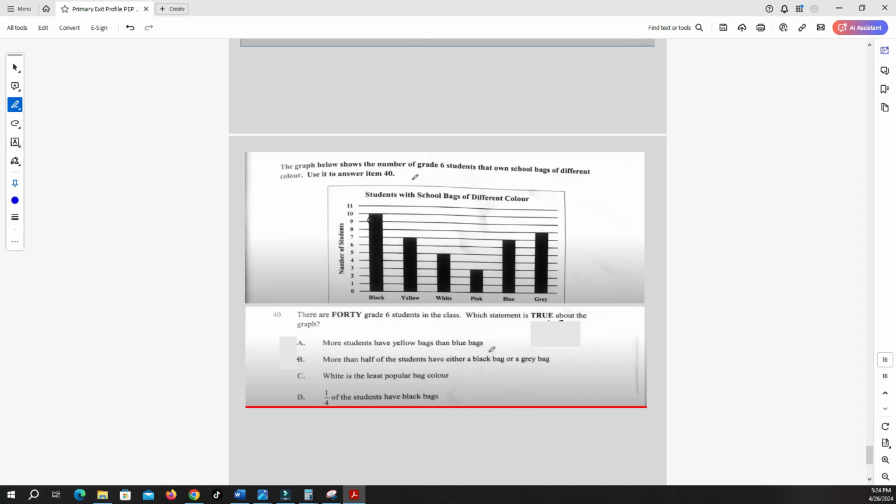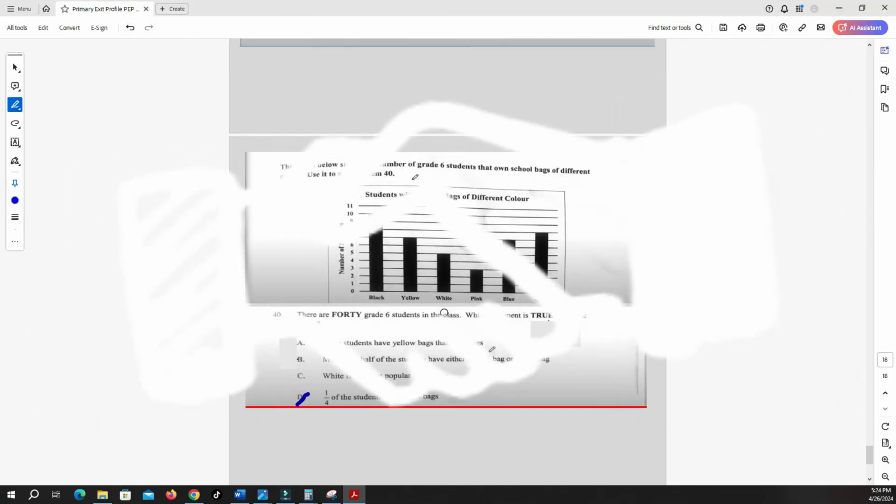And this is 10. Oh no, I have to add this in there. This is 40. It almost tricked me again. So the total would be 40 students. Yeah, that's true. And guess what? It would be 10. So it's 1 over 4. So yeah, definitely D.